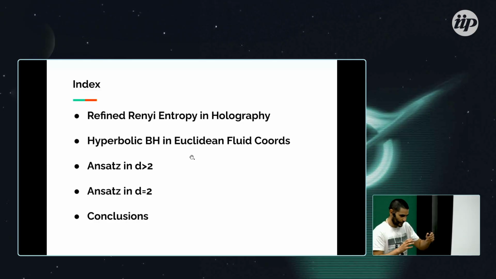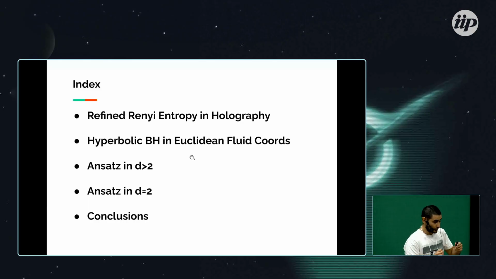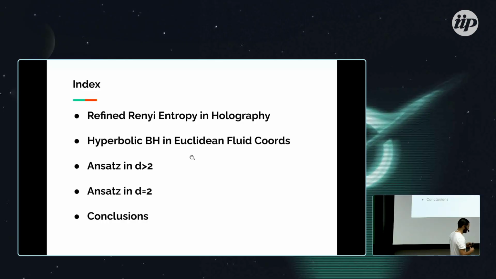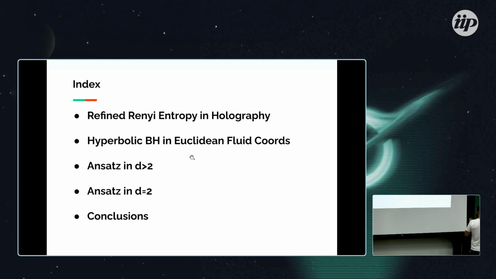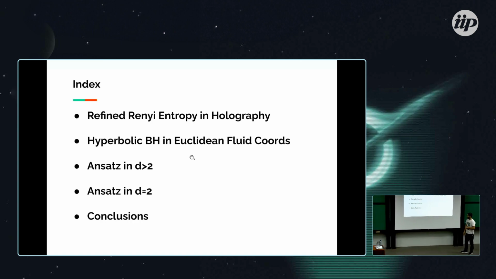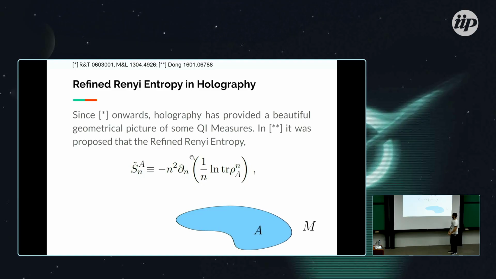Then hopefully you will be convinced enough of the ansatz that we will propose to solve this holographic problem, at least at leading order in n going to 0. At that point, mostly the things I wanted to tell you will be already over, but I will review some interesting properties that our ansatz has for d bigger than 2 and for d equal to 2, and then we'll hopefully draw some conclusions.